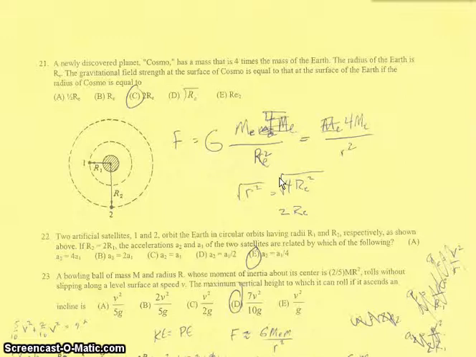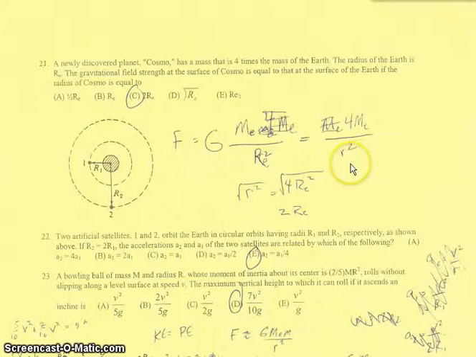My mass of the Earth remains the same, and I compared it to the mass of Cosmos, which was 4 times greater than the mass of the Earth. So I have the mass of the Earth equal to 4 times the mass of the Earth divided by my radius, and then I looked at the new radius, or what the radius of Cosmos would be.